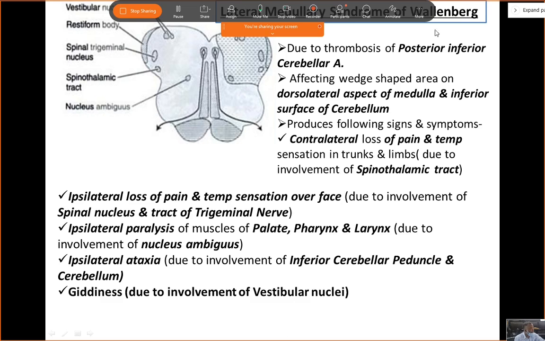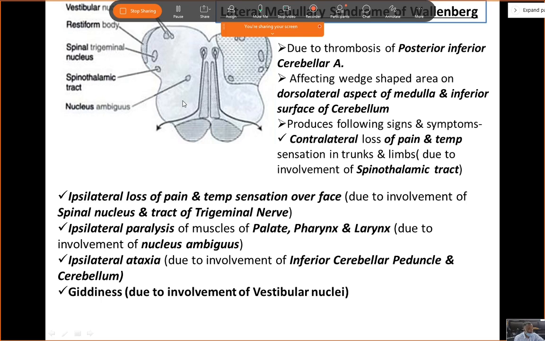Same side means, if the right posterior inferior cerebellar artery is involved, the muscle tone will decrease on the right side only, and there will be imbalance when the patient walks. The patient will fall down towards the right side. That is called cerebellar ataxia. Then giddiness. Why?